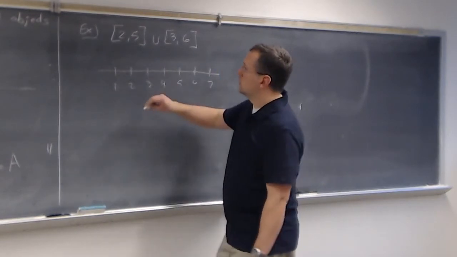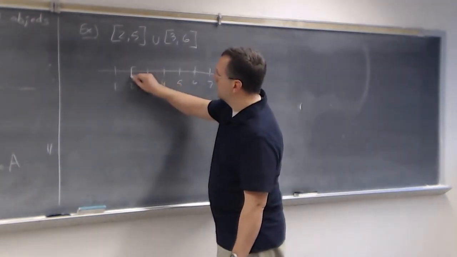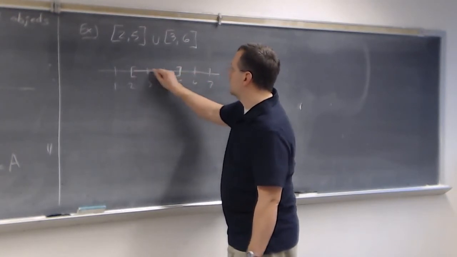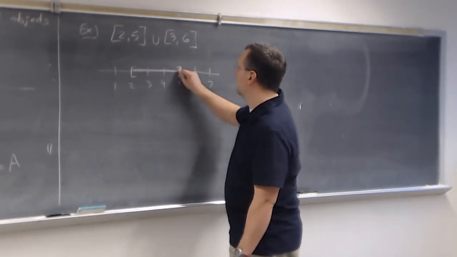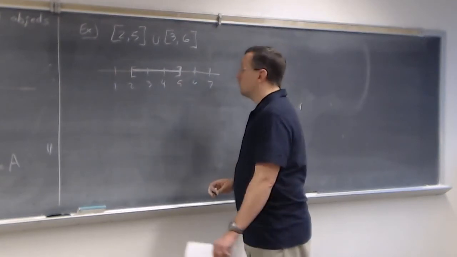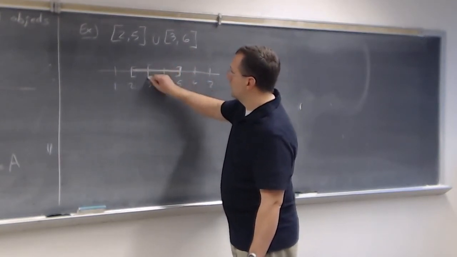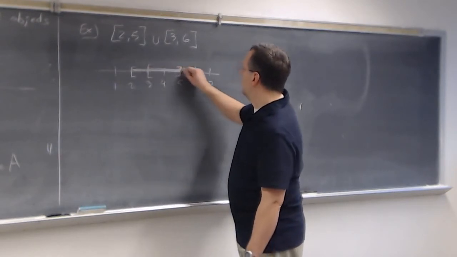For the interval from 2 to 5, we go from 2 to 5 and shade in the real line. But the union, this set goes from 3 up to 6.